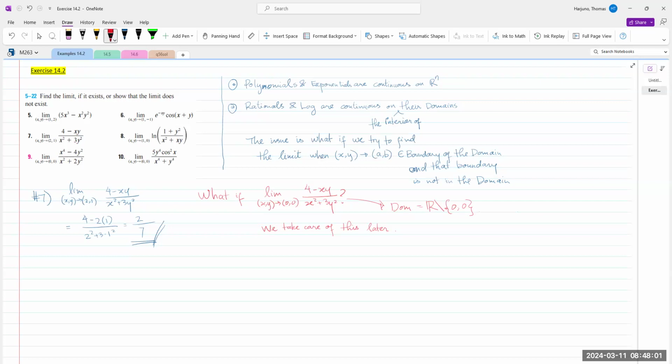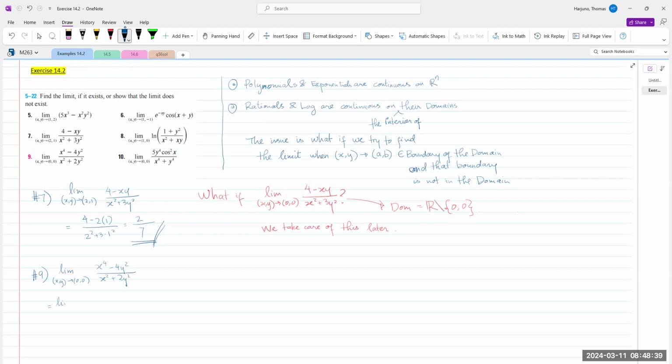Now let's go on. What if it is on the boundary of the domain? And we start thinking. For example, number 9: limit as (x, y) goes to (0, 0) of (x to the 4th minus 4y squared) over (x squared plus 2y squared). One of the basic techniques we learned in Calc 1, which we still carry through here, is to try to factor. If we can factor, we try to factor and see if it works well.